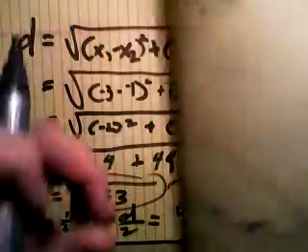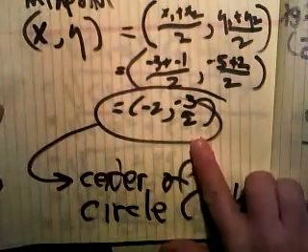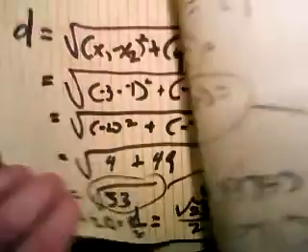So let's write down on a clean sheet of paper here. The center of the circle is -2, -3 halves. And this is the center.